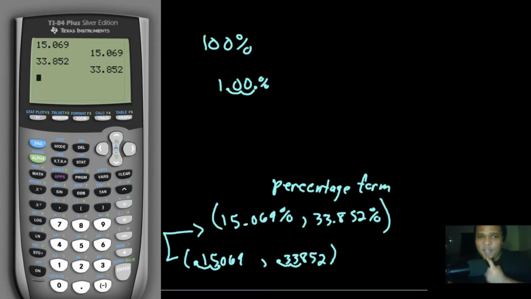But let's just try to make sense of it. Let's see, do they overlap? Yeah, looks like they do overlap. So it could be A, just because the numbers overlap. For example, this is between 15 and 33, and there is a 33 in between this interval up here.